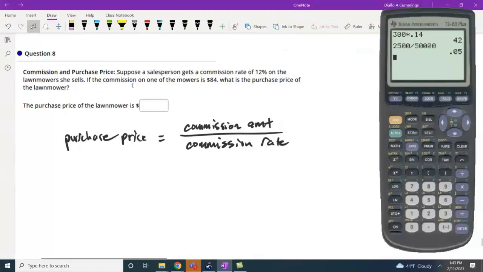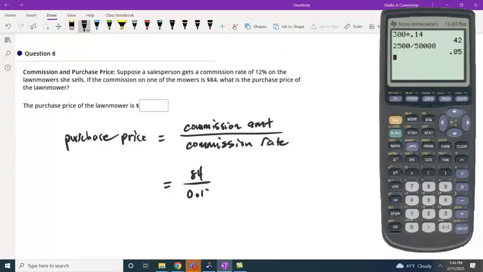So the commission amount was $84 that she received for selling one of the lawnmowers. So that's our commission amount, $84. The commission rate is 12%. So in order to use 12% in the calculation, we got to convert it to a decimal. So I'm going to move that decimal 2 places to the left and drop my percent symbol.